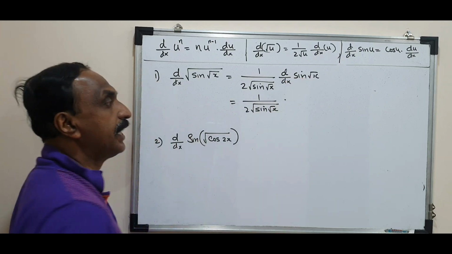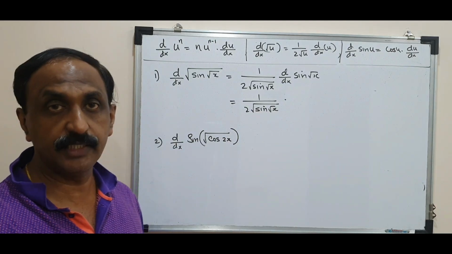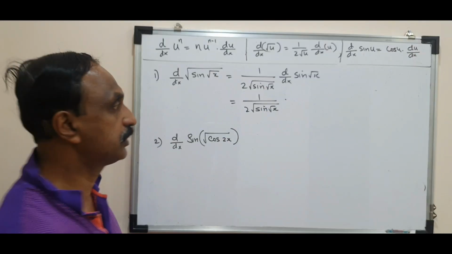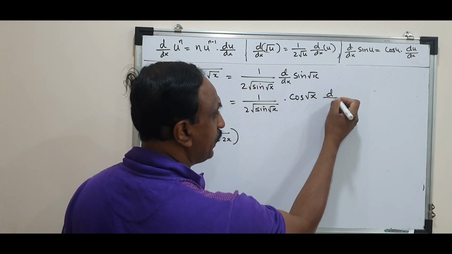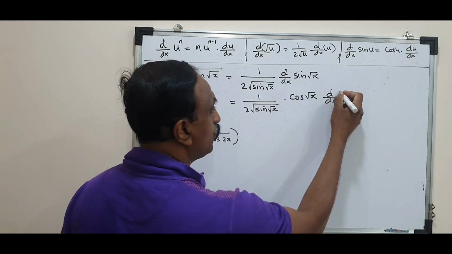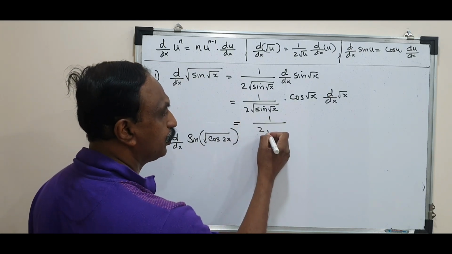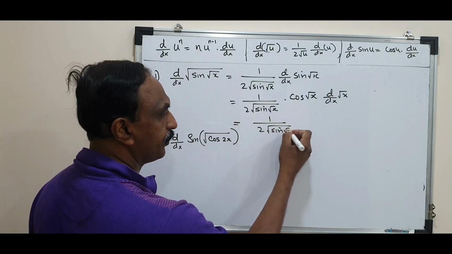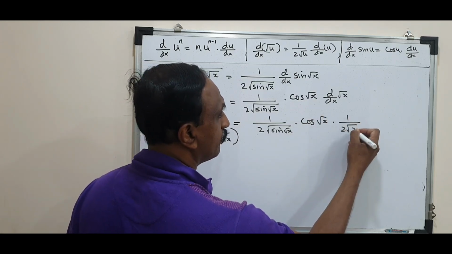Now which category is sine root x? Sine means trigonometric category. Sine changes to cos. So cos root x into derivative of the angle. What is the angle here? Angle is root x. So my final answer became 1 upon 2 root sine root x into cos root x into 1 by 2 root x.